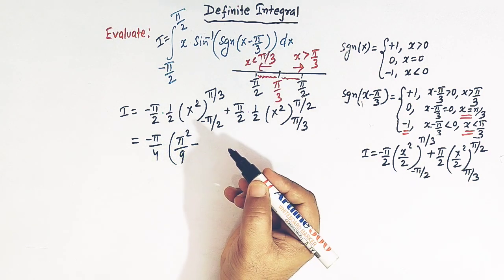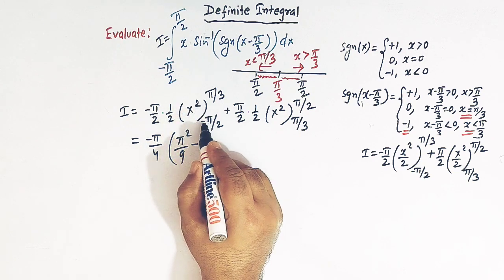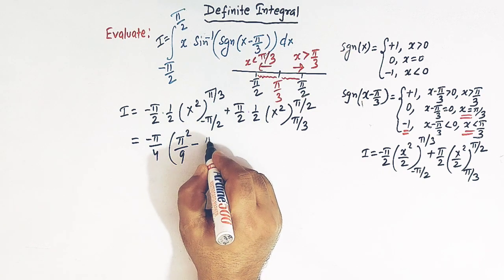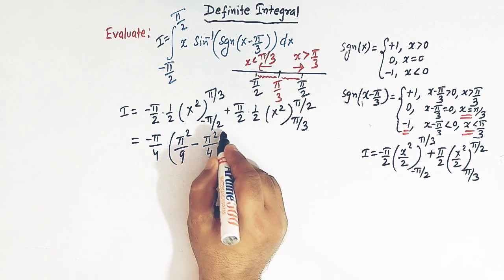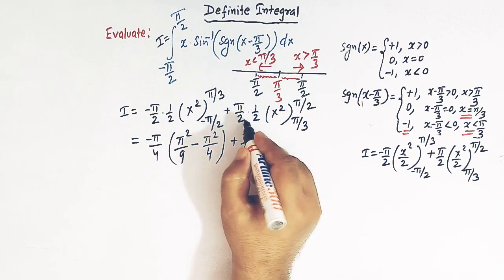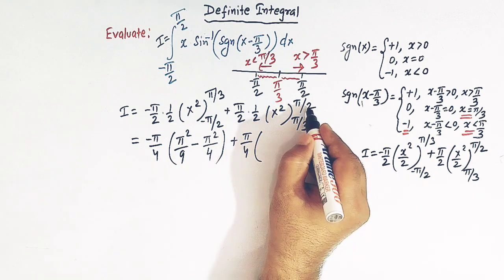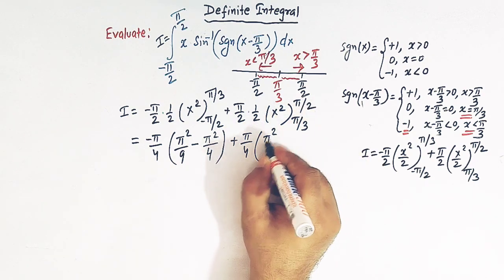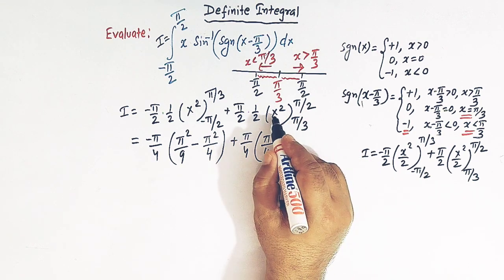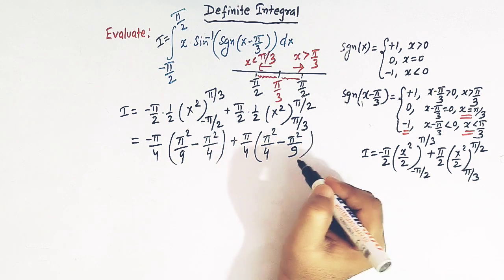And then we have here minus sign, and when we take the square of minus pi by 2, it becomes positive pi square over 4, right? And here we have pi by 4, and when we take x is equal to pi by 2, here we have pi square over 4 minus pi square over 9, right?